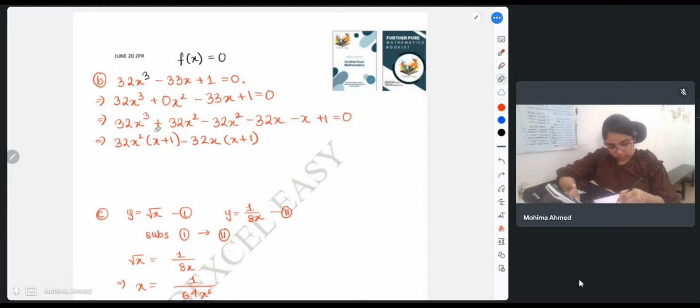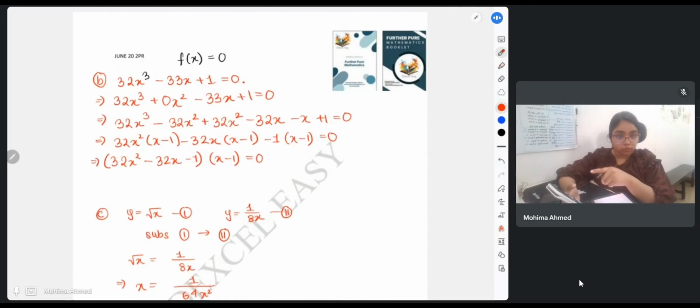Sorry, wait 1 minute, this has to be negative, this has to be positive. If this is negative, negative, right? In that case, you're going to take x minus 1 as a common factor for all these cases. So minus 1 and x minus 1, equals 0. Right, so it's going to be 32x² minus 32x minus 1 and then x minus 1 equals to 0.